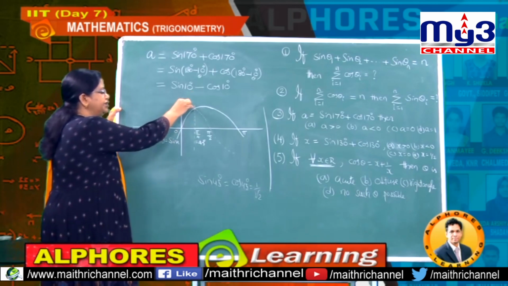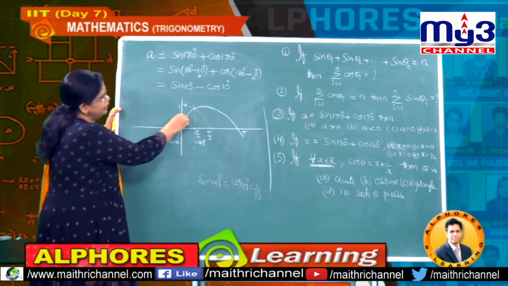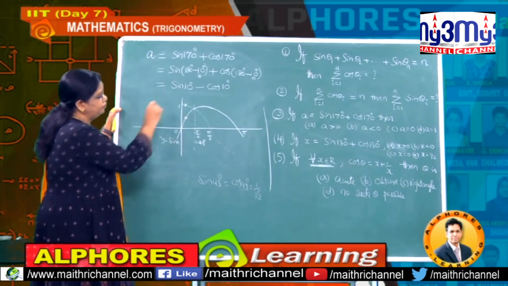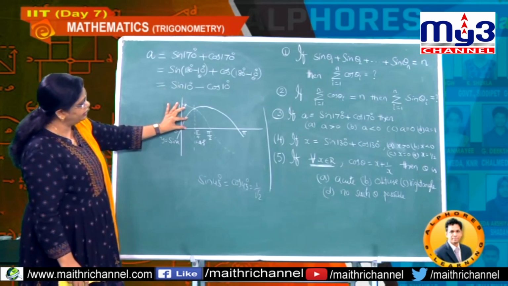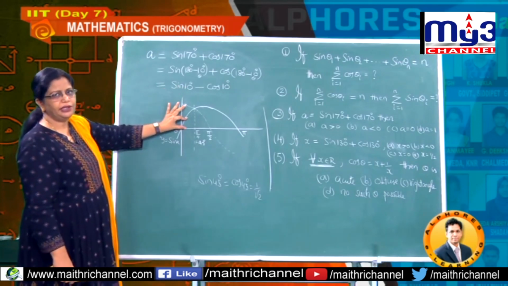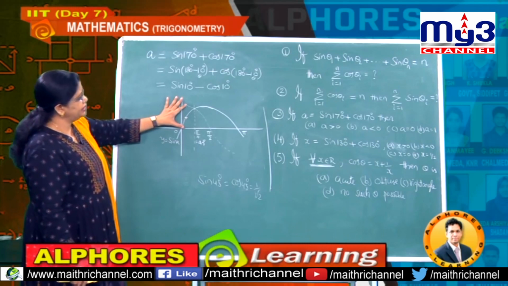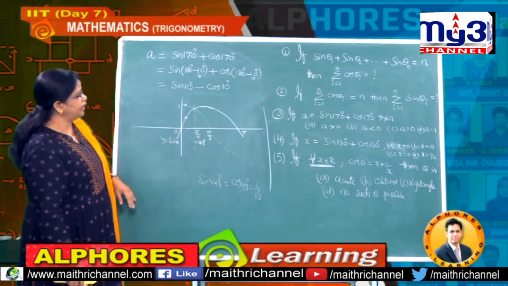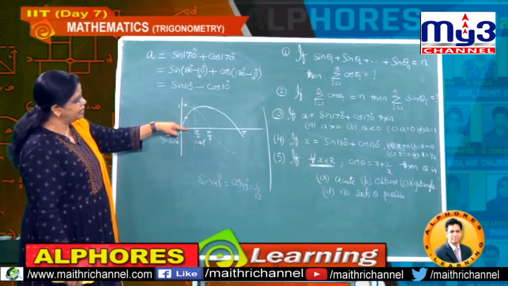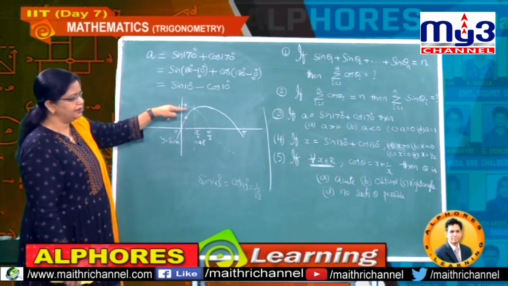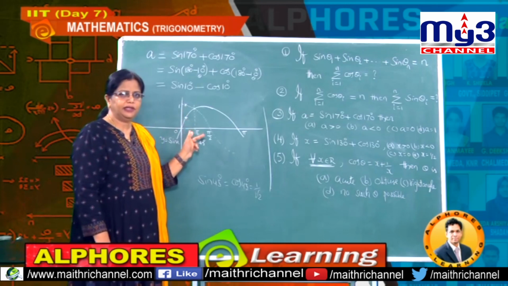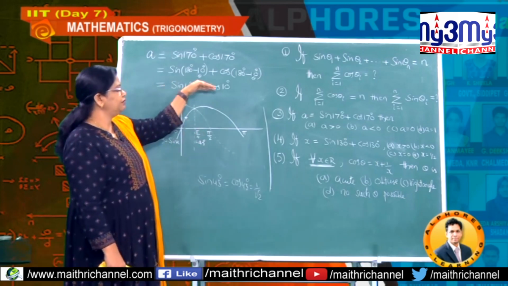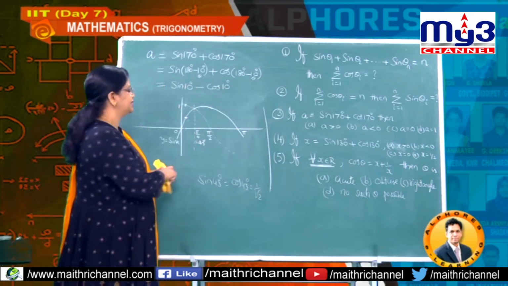Somewhere here you can find cos 10, and somewhere here you can find sin 10, the ordinate value, the vertical length. So which ordinate is more? The cos ordinate is more, whereas sin is less compared to it. Therefore sin 10 minus cos 10, what is our answer?